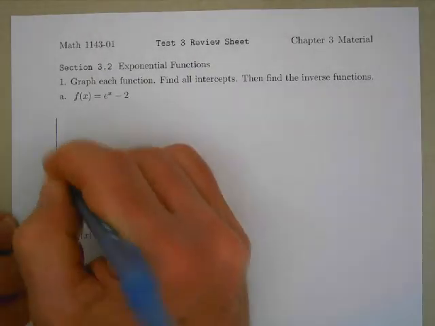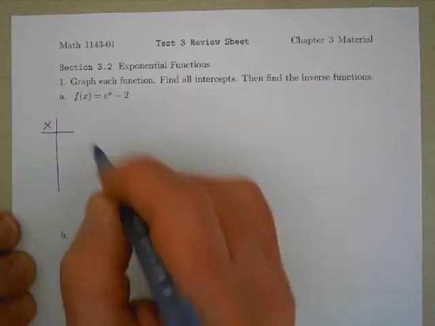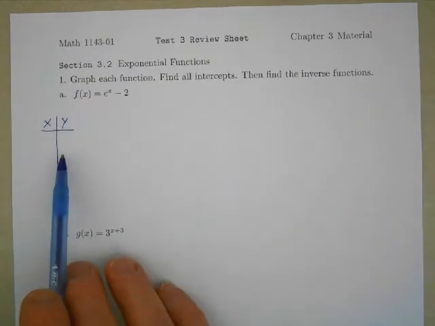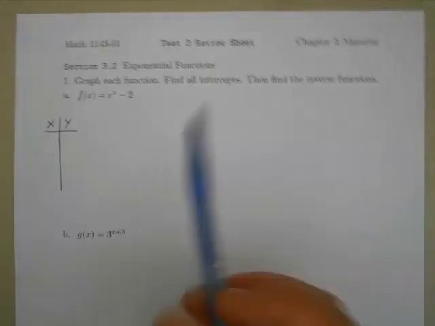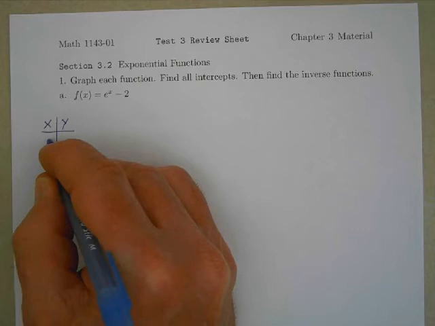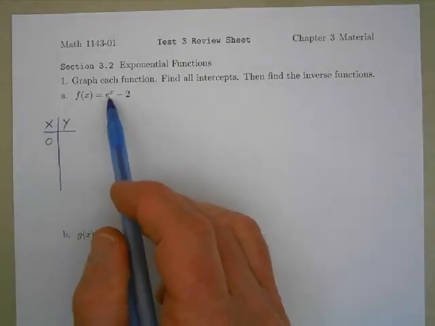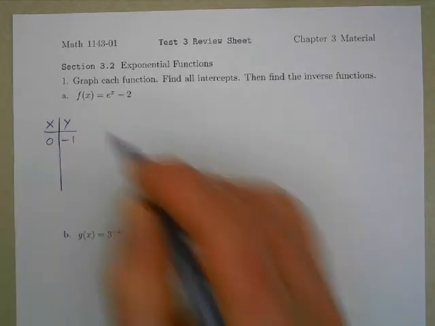We can plot a few points. We have a formula for finding y-coordinates whenever we pick an x-coordinate. So if we pick x to be, say, 0, e to the 0 is 1, 1 minus 2 is negative 1.